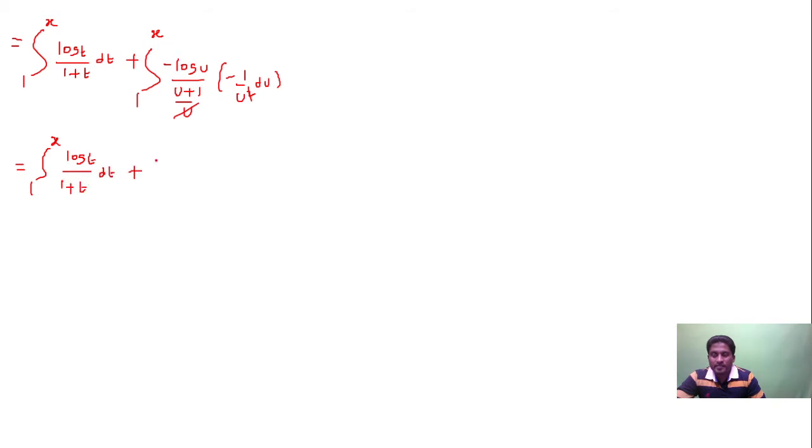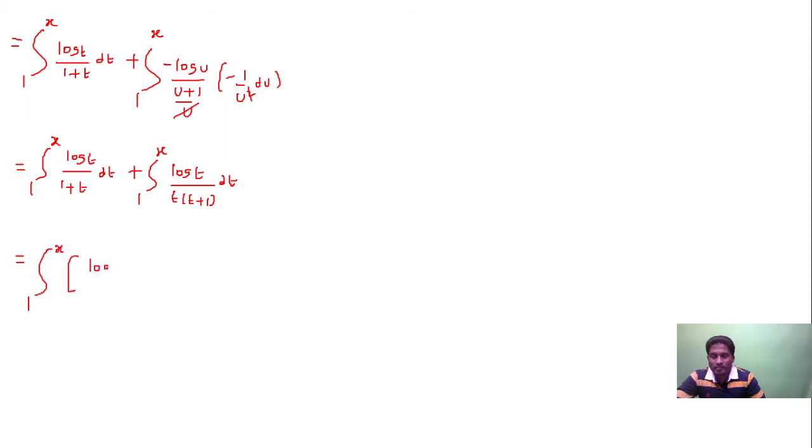Okay, plus integration of 1 to x. A definite integral is independent of the variable, so I can write this as log t upon t into t plus 1, and then dt. So between these two, I am going to take integration with limits 1 to x.